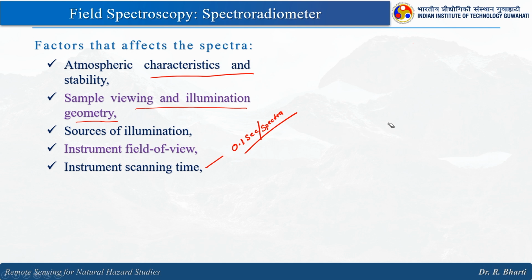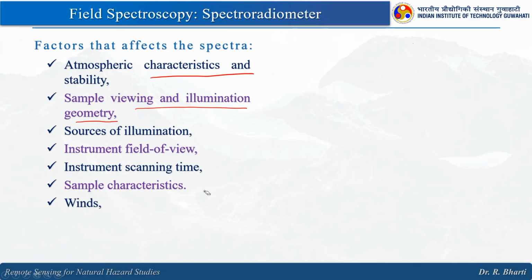So, we need to hold the fiber optic cable for a minimum of 0.1 second at that particular position, so that it will actually generate the spectral behavior of that sample. Next is sample characteristic, whether it is rough or a very smooth surface. Depending upon that, you will have to adjust the measurement.